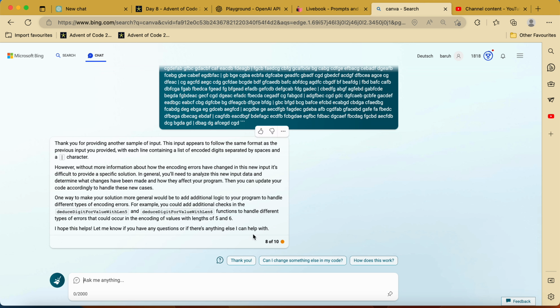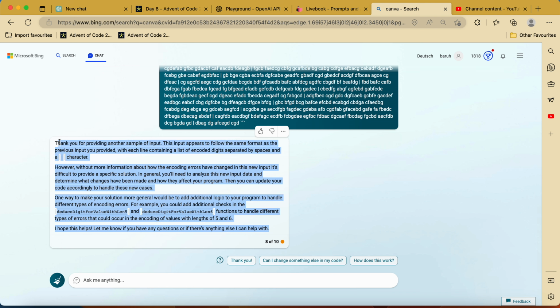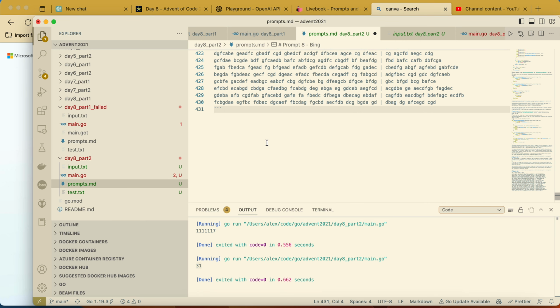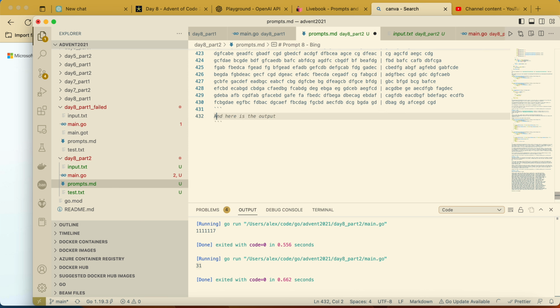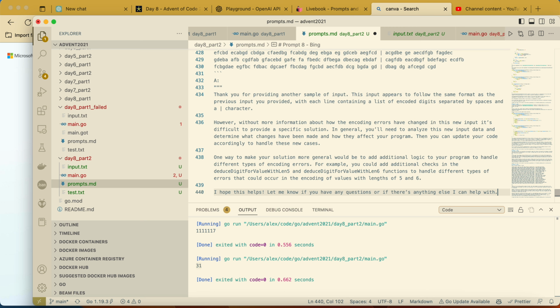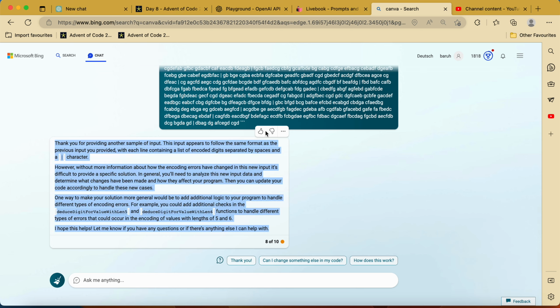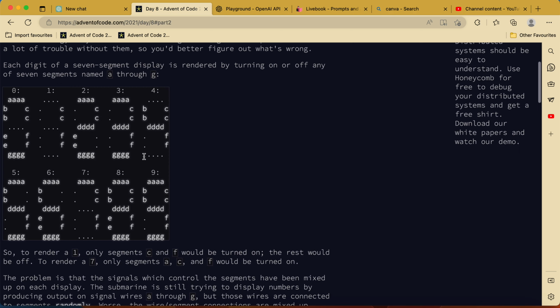Okay, let's see. Bing is claiming that with NB it would be kind of working, which I think we should provide this info here.